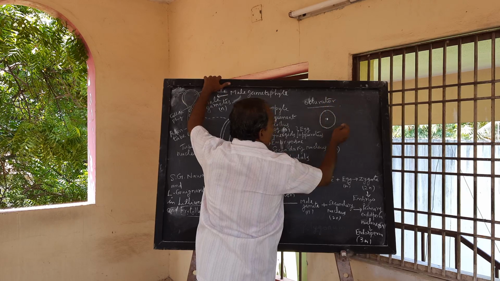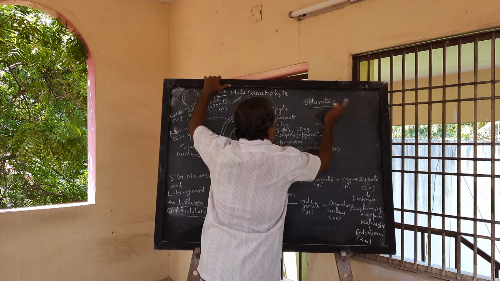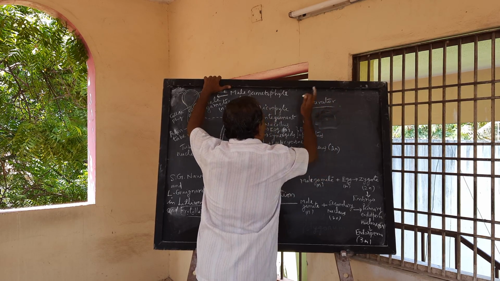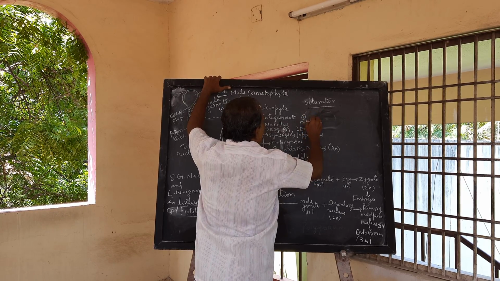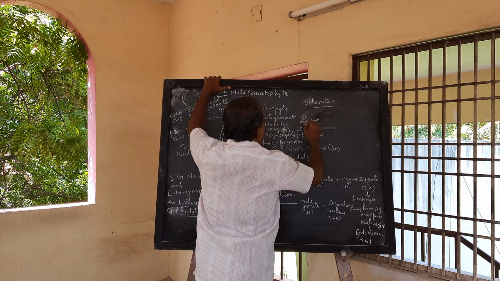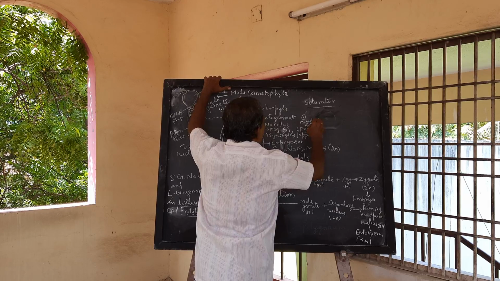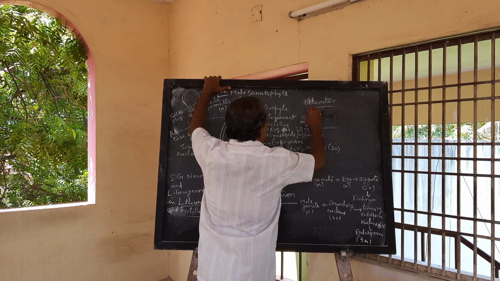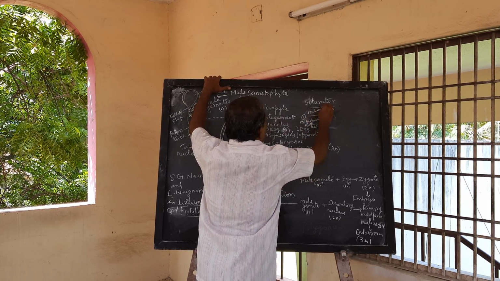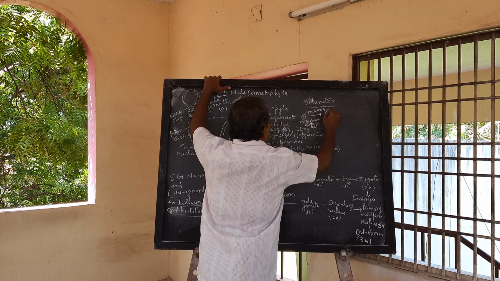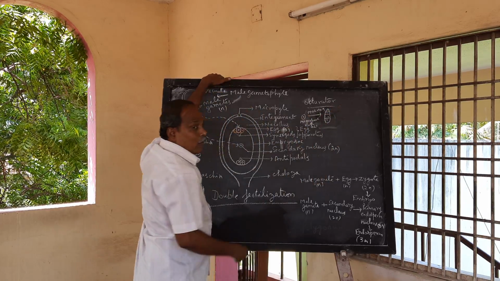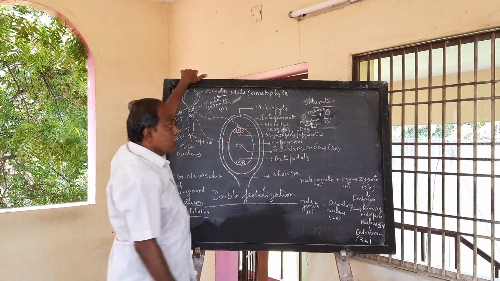This is the megaspore mother cell. The megaspore mother cell divides by meiosis to form four megaspores. I have already studied megasporogenesis; we have studied about it.